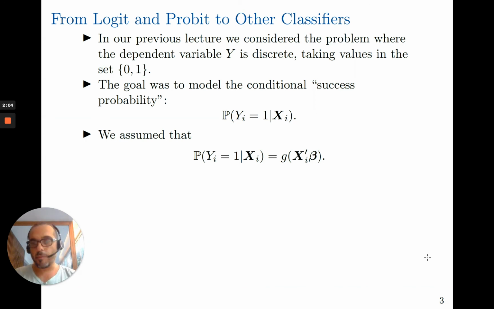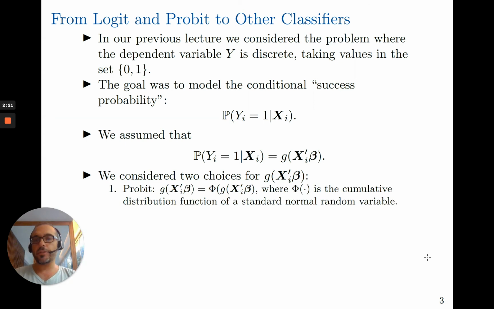The argument of this function g is linear, given by x prime beta, and with this argument we use g to map the regressors into the 0, 1 space. We basically consider two choices of function g.